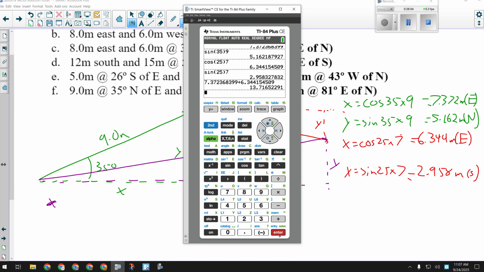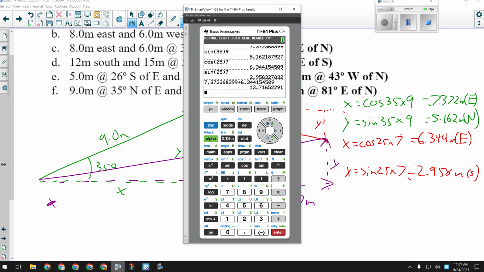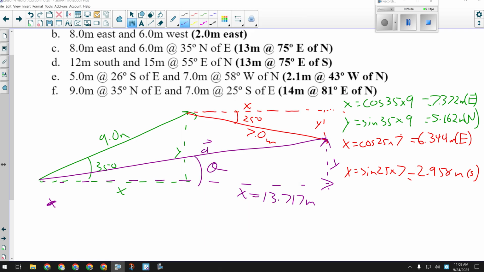All right, so we go 13.717 meters east. Okay, and y will be north. So I'm going to take that 5.162. And I'm going to add to it negative 2.958. I get a positive number, so I still wind up going north 2.204 meters.